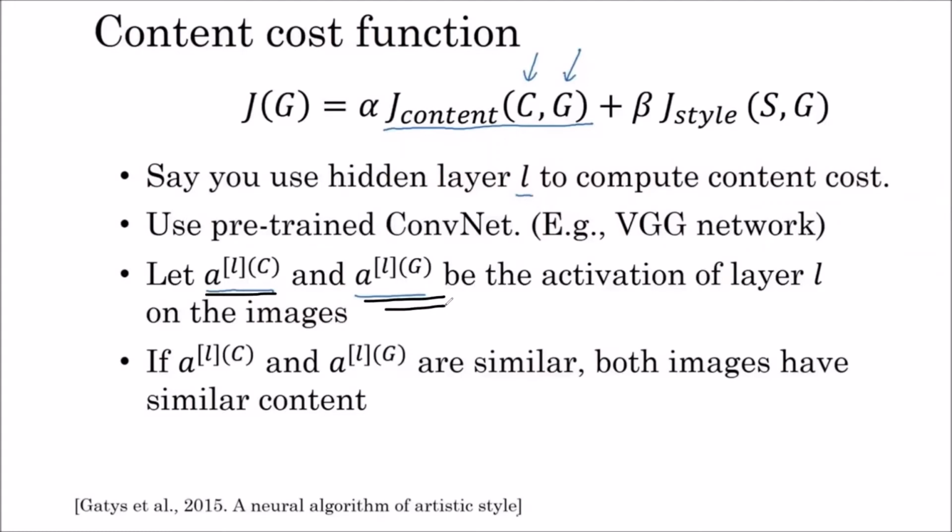These are the activations of layer L for the content image we give as input, and for the generated image. If the activation units of these two layers are similar, then both images have the same content.